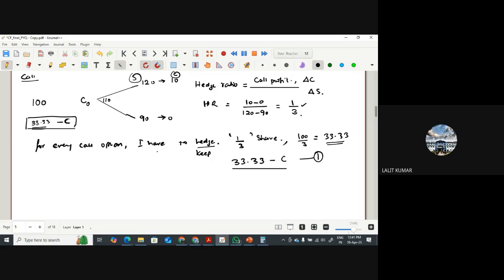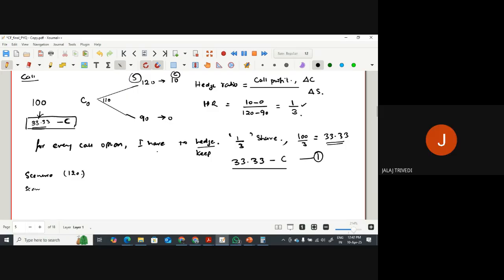Now see the future value in both the cases. Take the scenario where the share has gone to 120. To purchase this share for 33.33, I will have to take this money on loan from somewhere, I don't have anything. When it goes to 120, I make a profit of 10 rupees, and I will return this loan which I have taken.